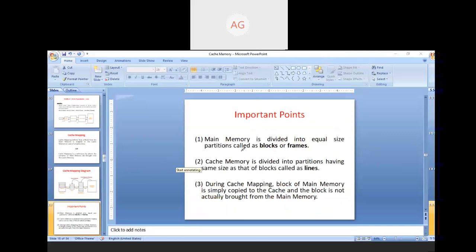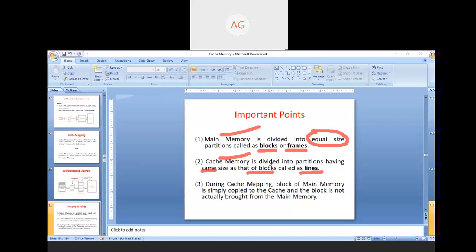So there are some very important points to remember. First, main memory is divided into equal size partitions called blocks or frames. Remember, the main memory is divided into equal size partitions, called blocks or frames. Cache memory is divided into partitions of the same size as the blocks, called lines.